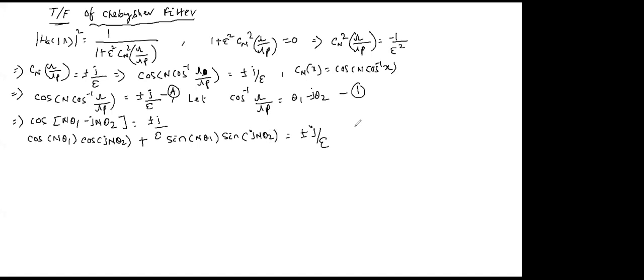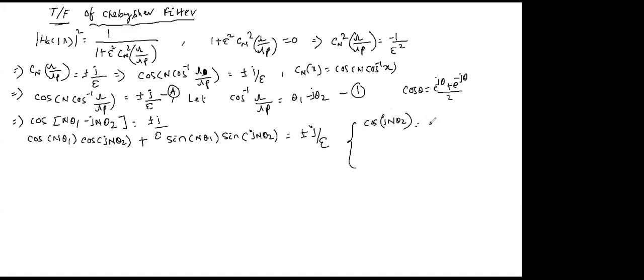Now, what is cos of jnθ2? You all people know that cos θ equals e to power jθ plus e to power minus jθ by 2. Now, use this same formula.